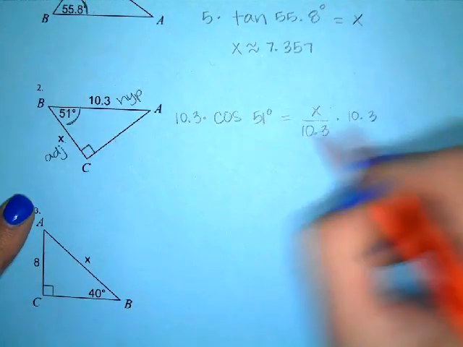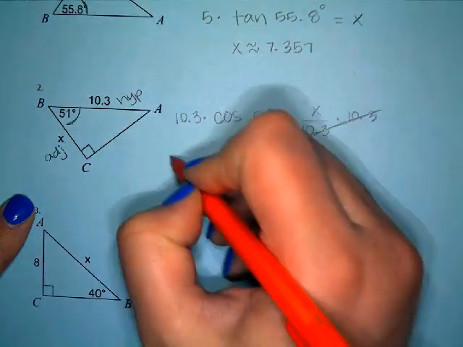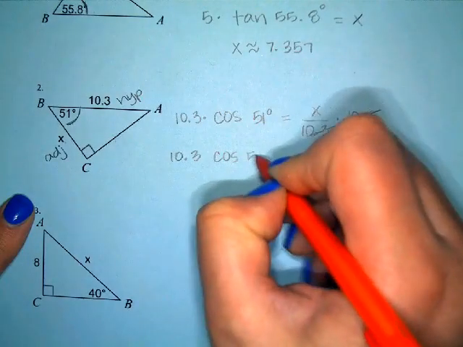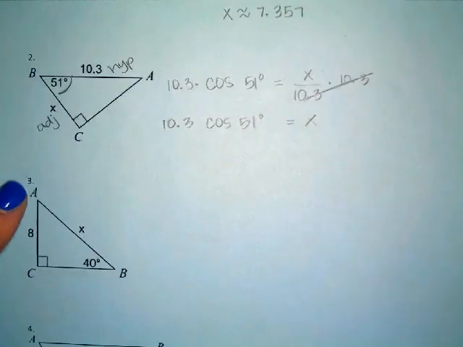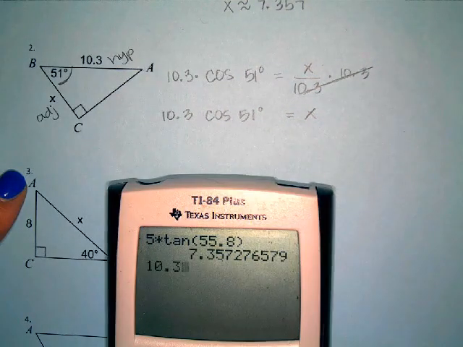Those cancel. So the missing side is 10.3 times cos of 51 degrees. And so in our calculator, we're going to type 10.3 times cos 51 degrees.